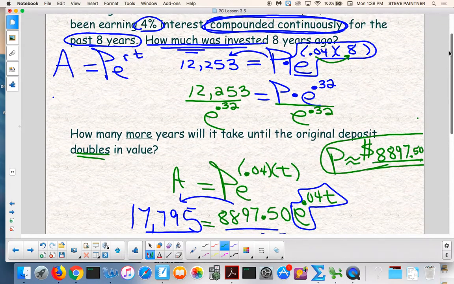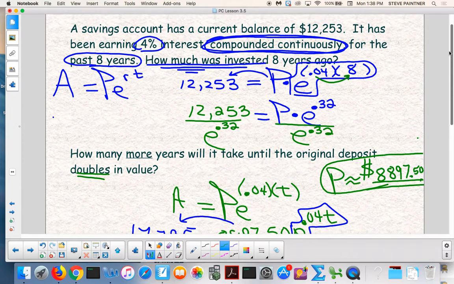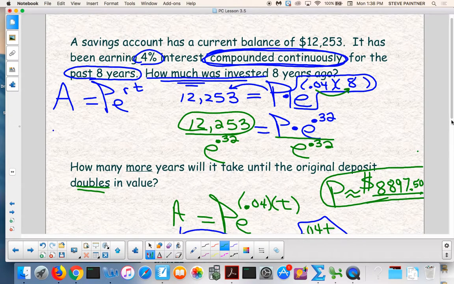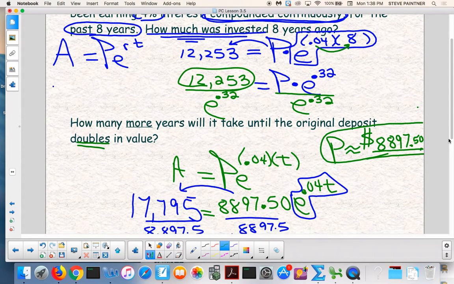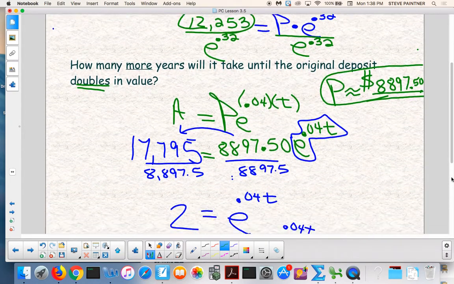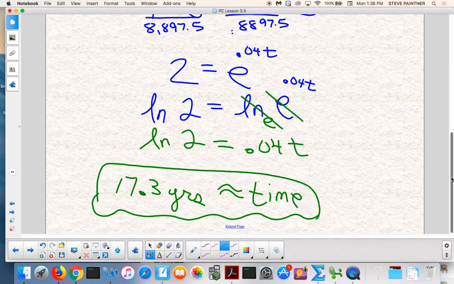I read it as 8 years from now. 8 years from now, I have this much money. But if I start back at the original amount, to double that... Right, but how many more years? Oh, I see what you're saying. So you take my answer, that's the total, 17.3, how many years altogether.